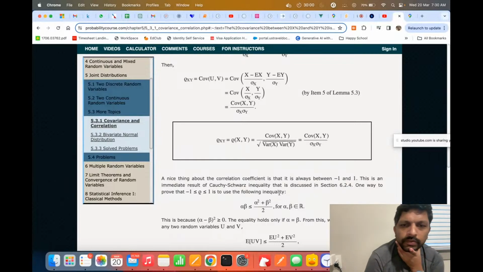The thing about the correlation coefficient is that it is always between -1 and 1. This is an immediate result of Cauchy-Schwarz inequality that is discussed in section 6.2.4.